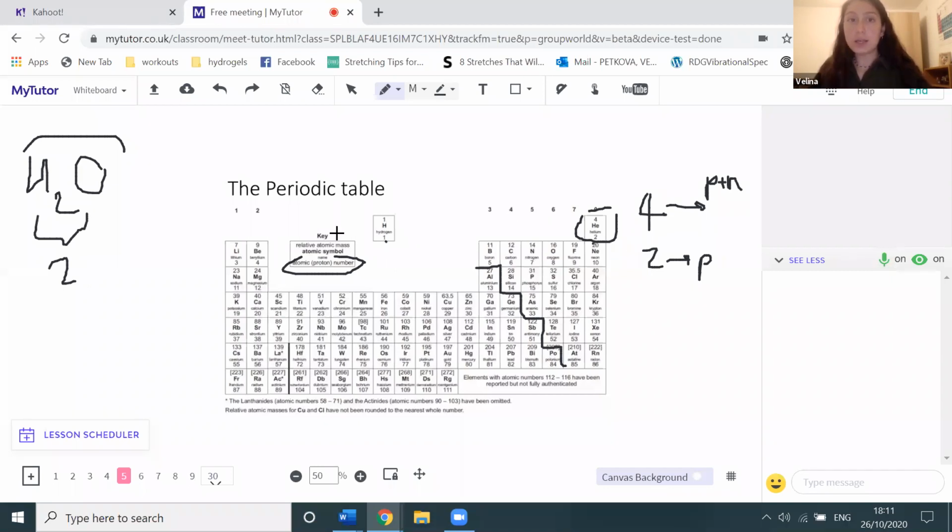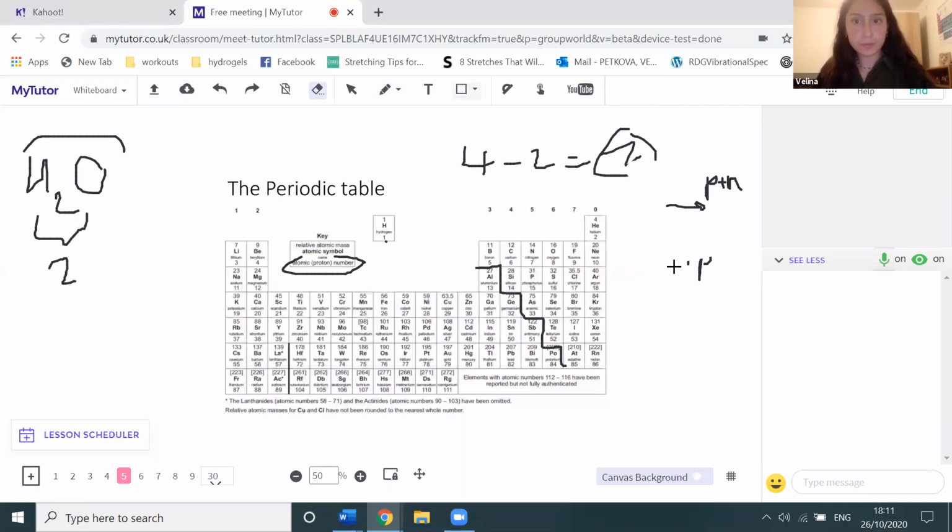All we do is take the relative atomic mass and take away the proton number, so 4 take away 2, which is equal to 2. That tells us that we have 2 neutrons, okay? So things to remember: proton number is the number of protons, which is the bottom number. The top number is relative atomic mass, which is just the number of protons and neutrons in our atom.